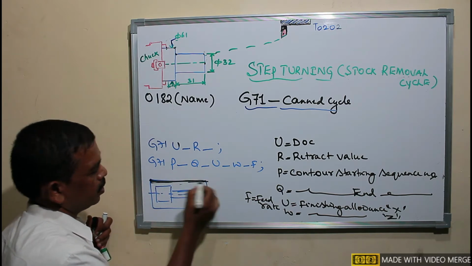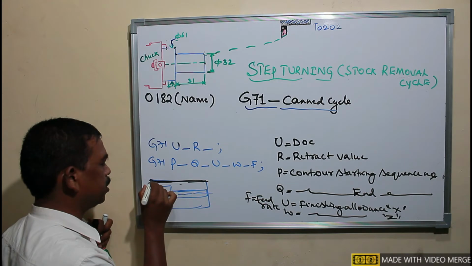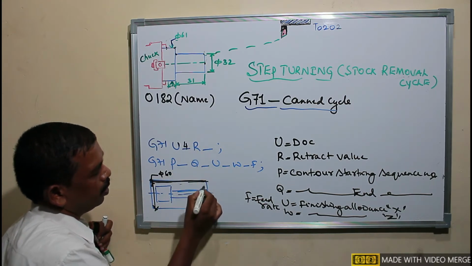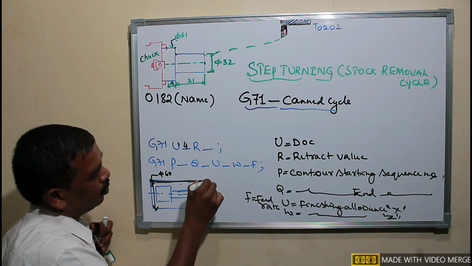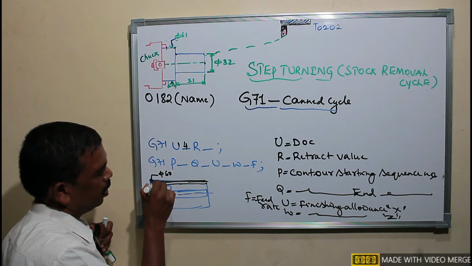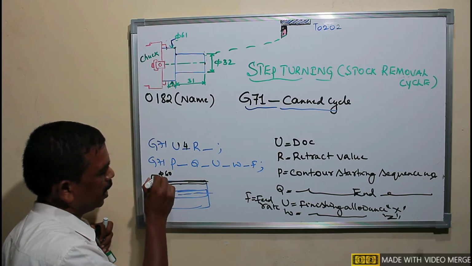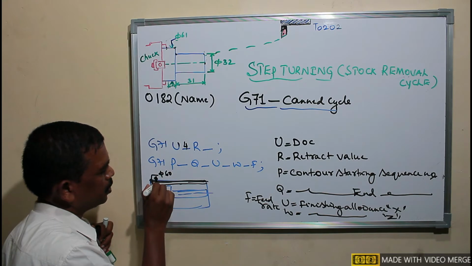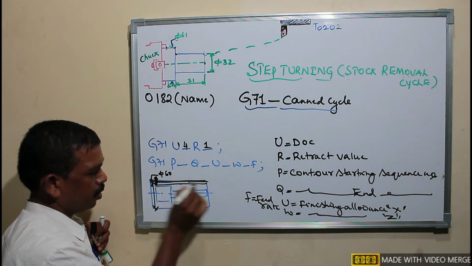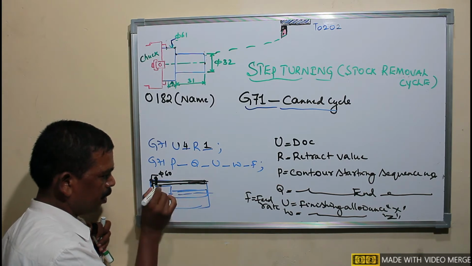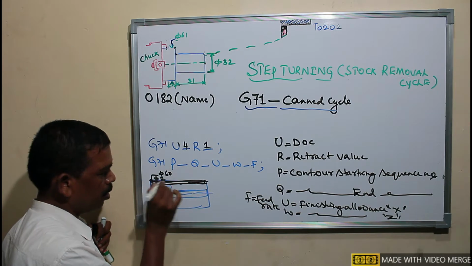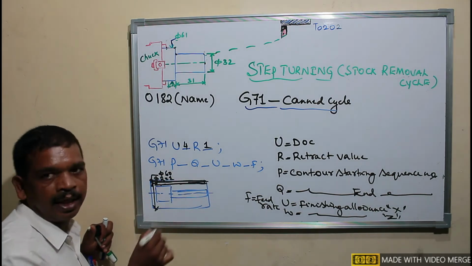For one pass, for example, the raw material size is assume dia 60 mm. For one pass, if I write 4 mm, the cutting tool will move 4 mm from this surface and remove the material, and again it will go back for a certain value. This is the retract value. So if I write 1 mm, after coming from here to here, the tool will go away from the surface of the work, that is R, that is 1 mm here, that is the retract value.